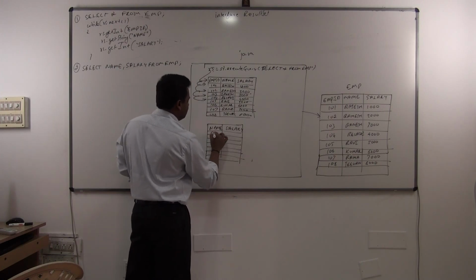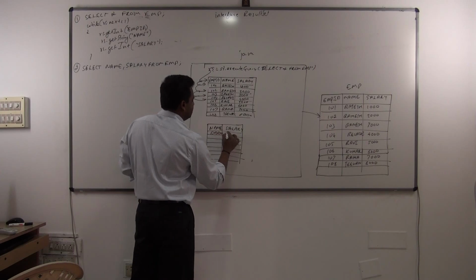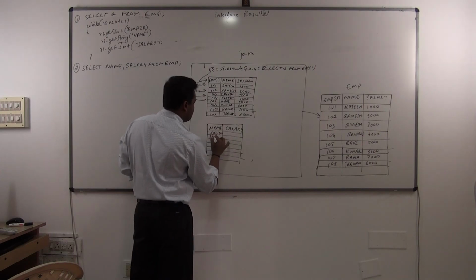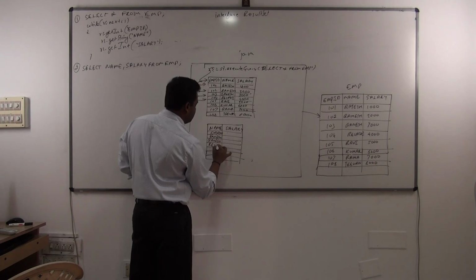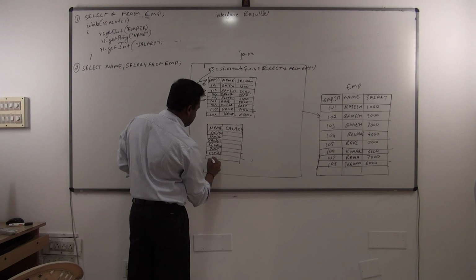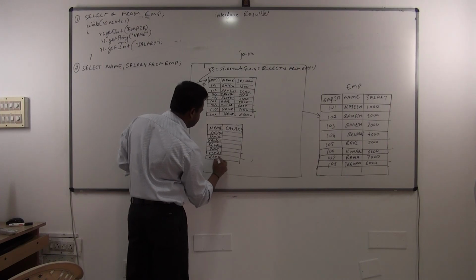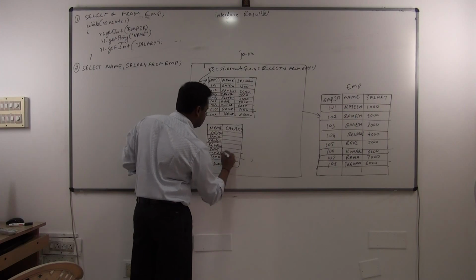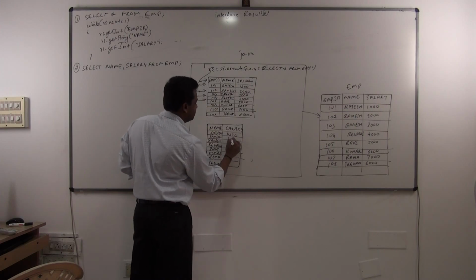So the names will be Rajesh, Ramesh, Ganesh, Revati, Ravi Kumar, Rama, Jeevan. These many records will be there, along with their salaries.